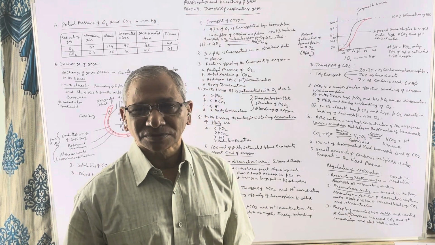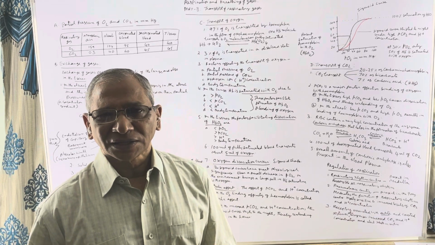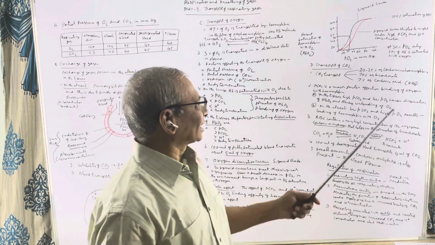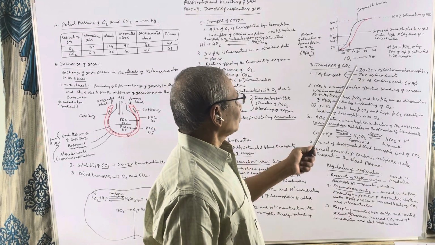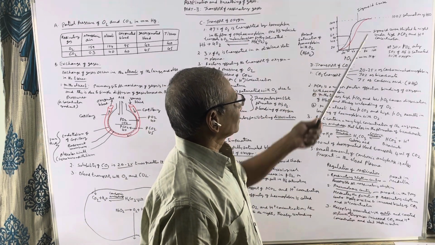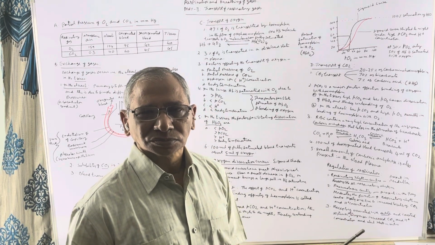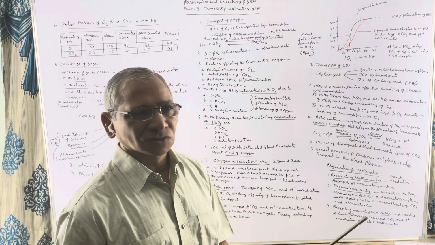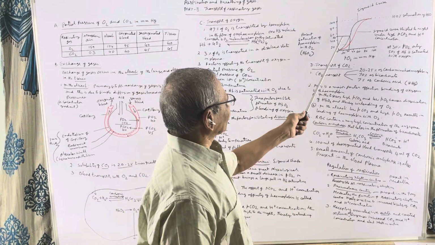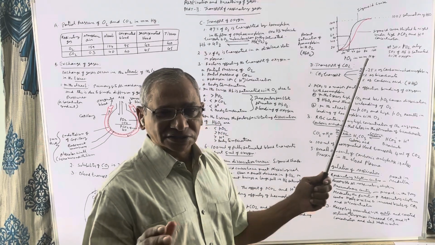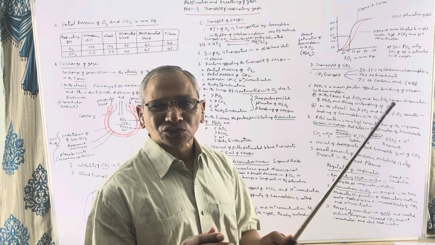What does it mean? When the hemoglobin enters the tissues and encounters low PO2, oxygen cannot remain bound to the hemoglobin at the 100% level. So, 50% of the oxygen that is bound to the hemoglobin dissociates and is released into the tissues.